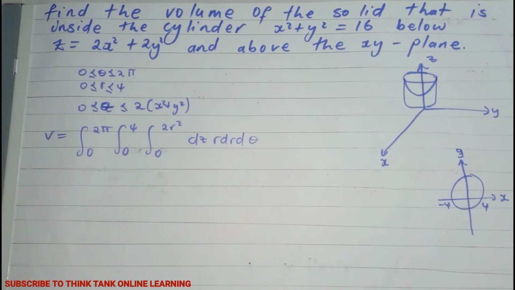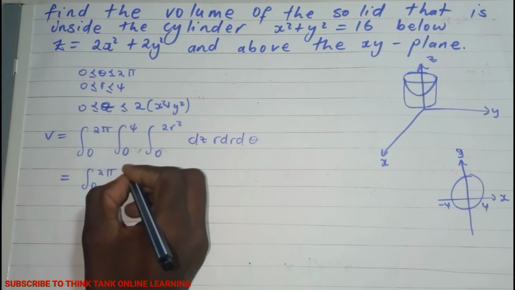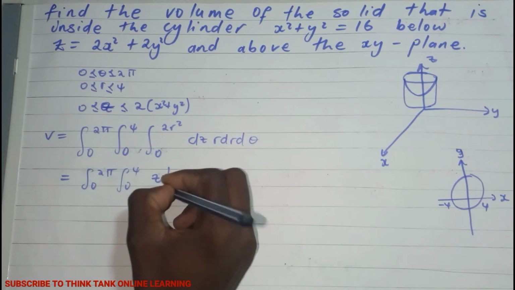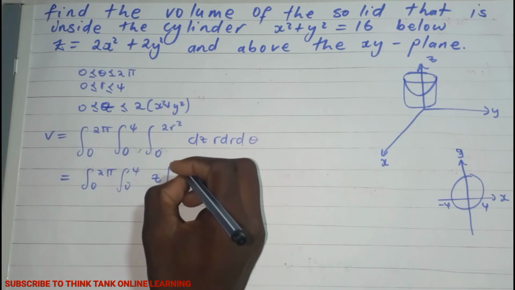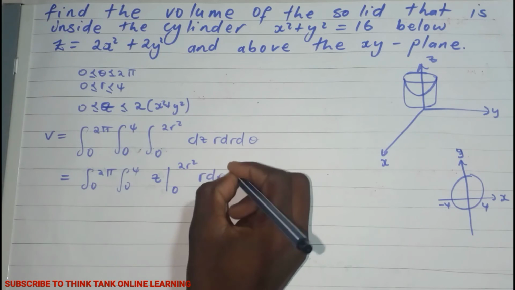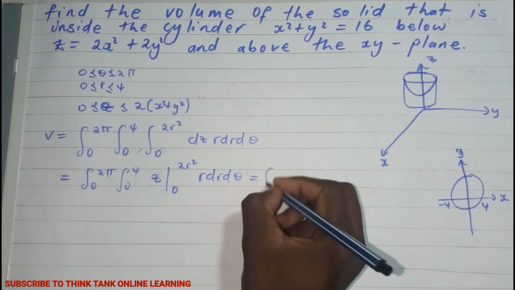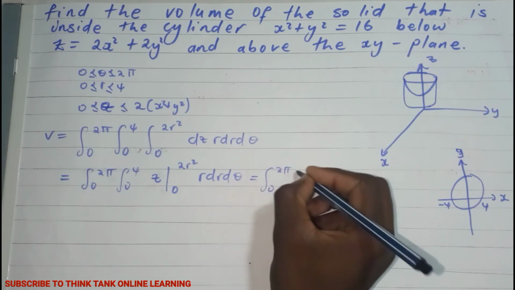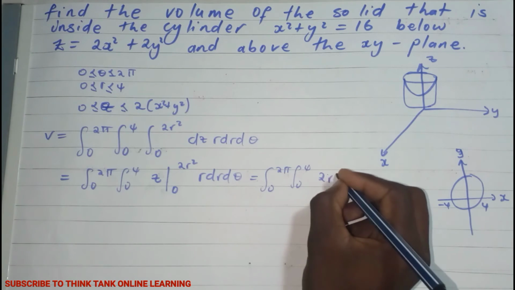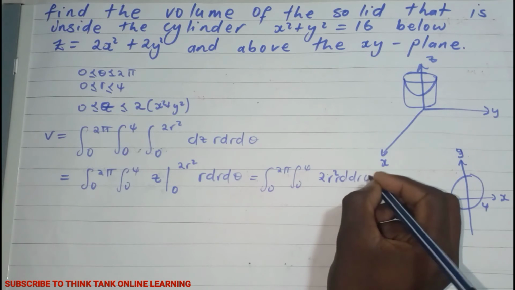Okay, let's integrate with respect to z first. I'm going to have 0 to 2 pi, 0 to 4, and z limits 0 to 2r squared, r dr d theta. Don't forget this r. And if we do that, I'm going to have 0 to 2 pi, and upper bound minus lower bound here, 2r squared times r dr d theta.